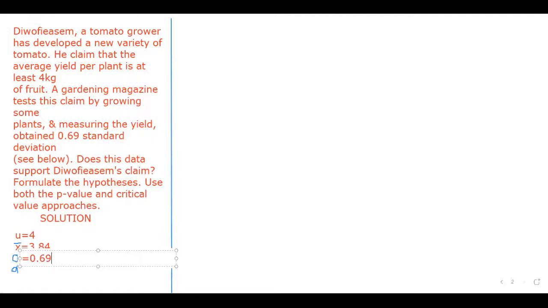Did they give us alpha? No. So by default we use 5%, which is 0.05. And N is 10.